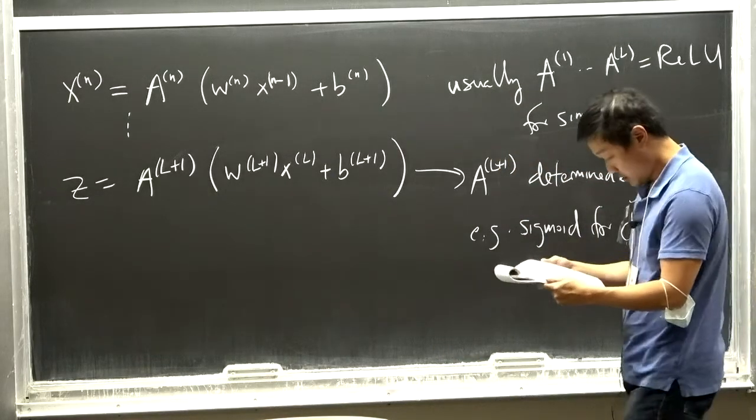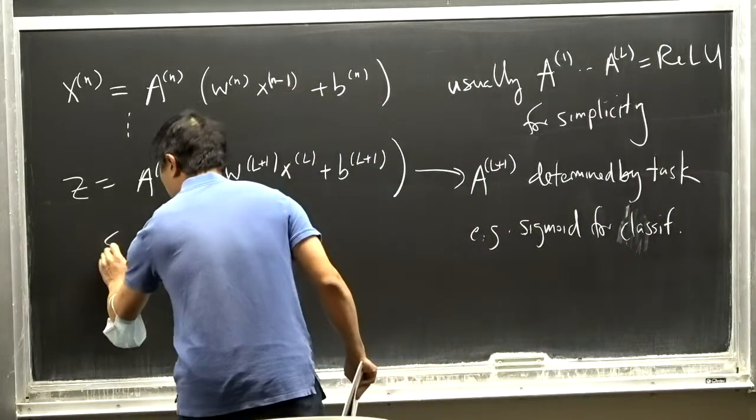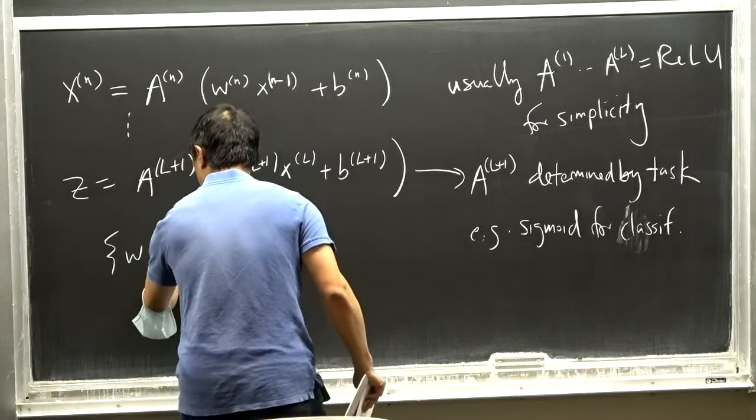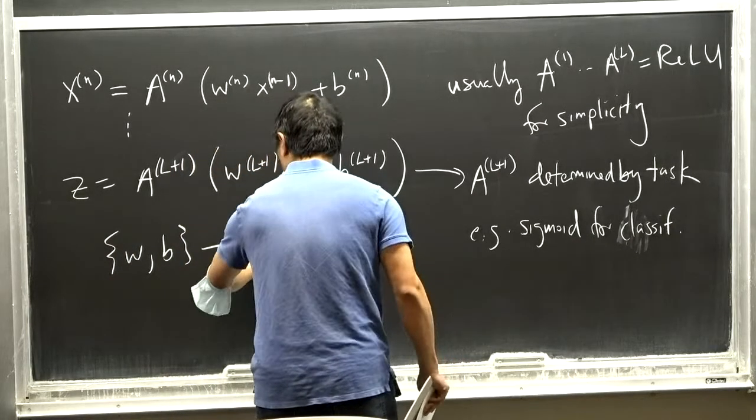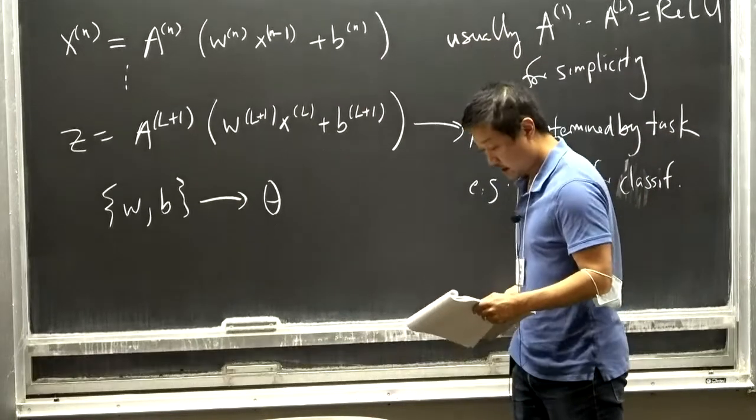All right, so the collection of all the W's and B's of every layer make up the parameters of the neural network. And they're the things that we're going to fit.